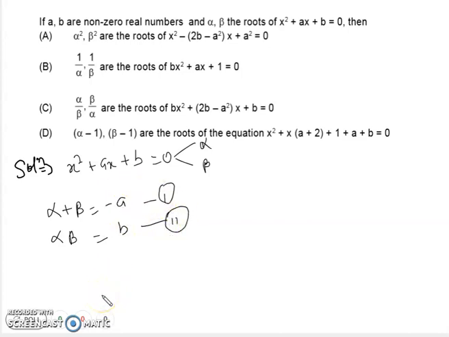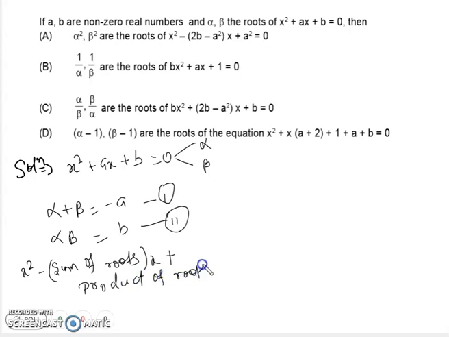And if we have the roots of the given equation, what will be the general form of the quadratic equation, guys? You can write the general form of the quadratic equation: x square minus sum of roots into x plus product of roots is equal to 0.